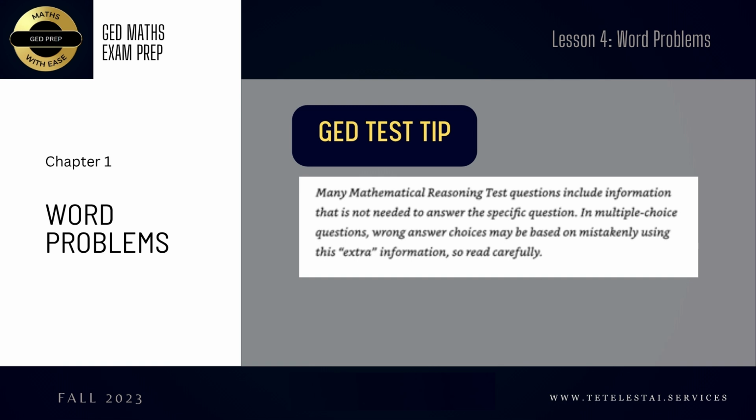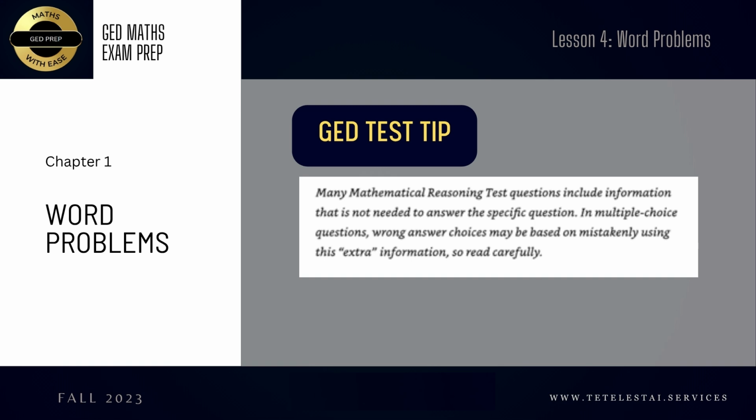So as I mentioned earlier, a lot of mathematical reasoning tests will include information that you don't need to answer the specific question. So be mindful of that and pay attention to that, especially with multiple choice questions, right?